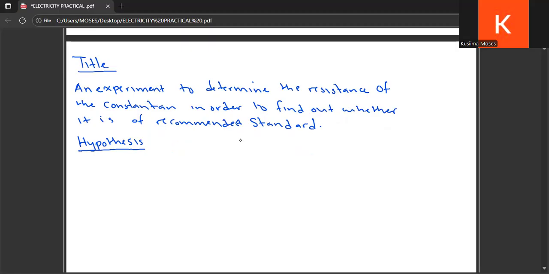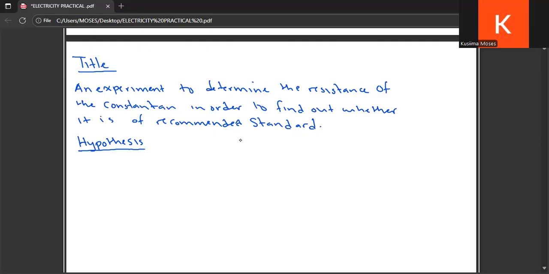In most cases, you can get an idea from the scenario, or sometimes it comes with experience. When you have done very many experiments involving the resistance of the Constantan wire, you will have an idea. So use that idea to come up with the hypothesis.